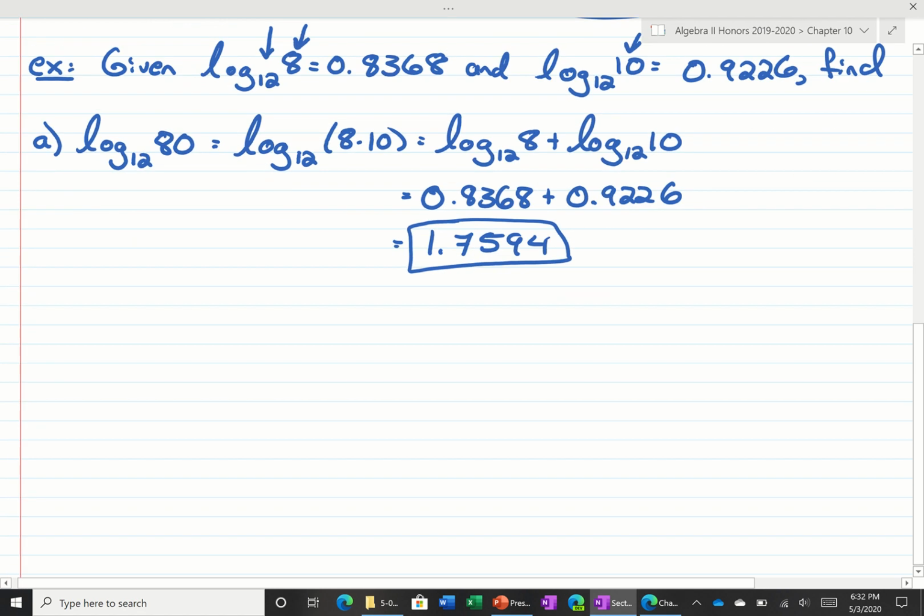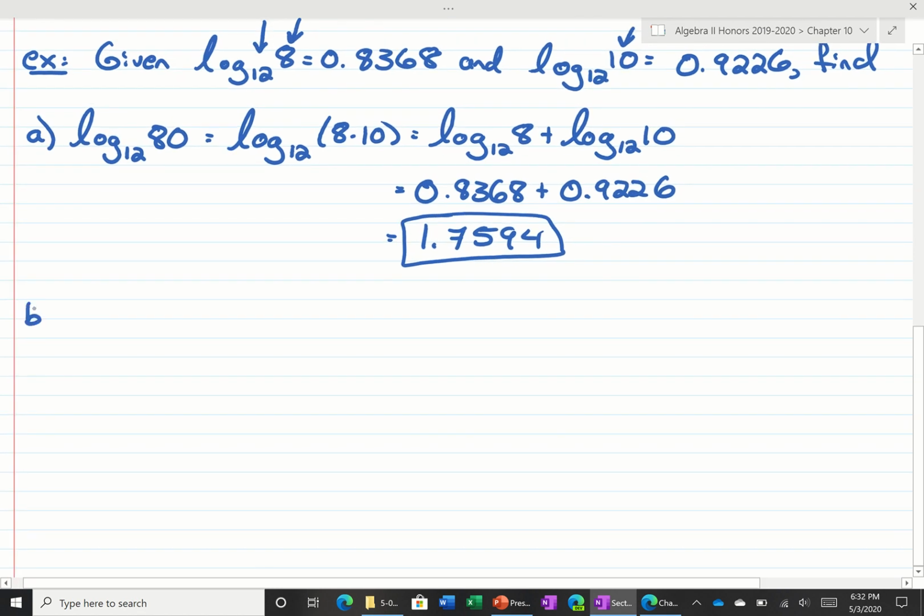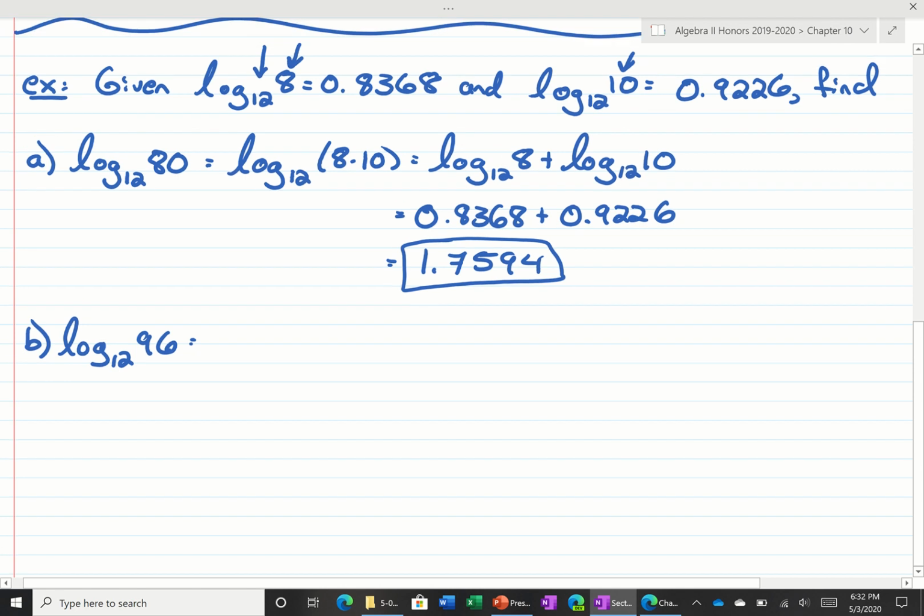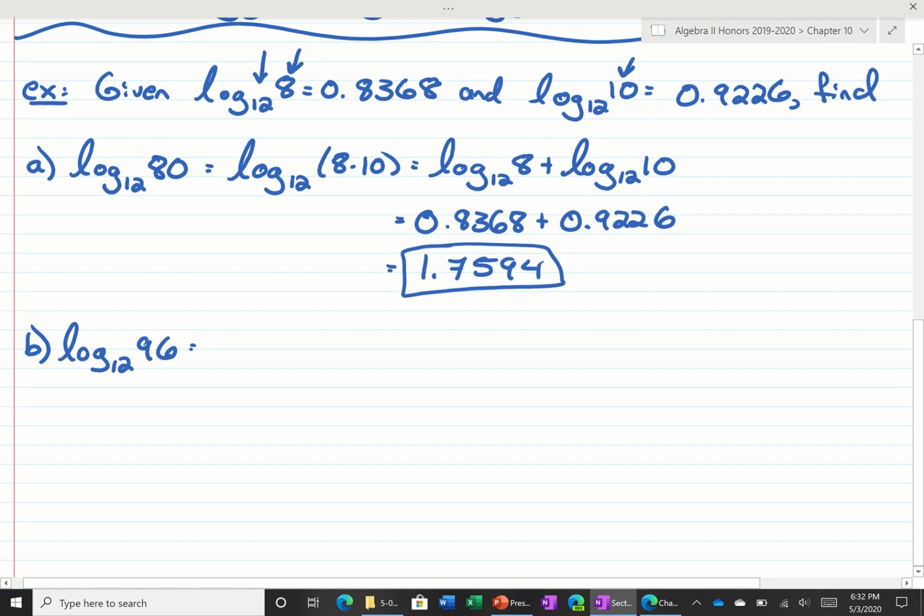Okay, let me give you another one. What if I asked you to find log base 12 of 96? You could pause the video and try to figure out how to get 96 from 8, 10, and 12. Well, 96 is the same thing as 8 times 12.